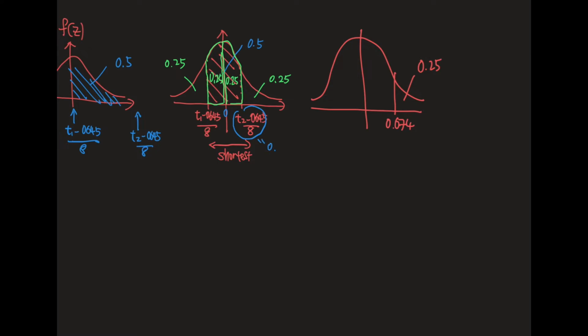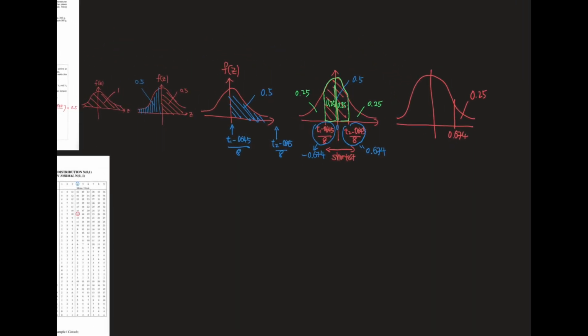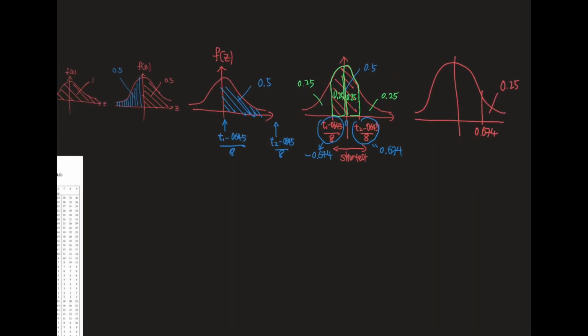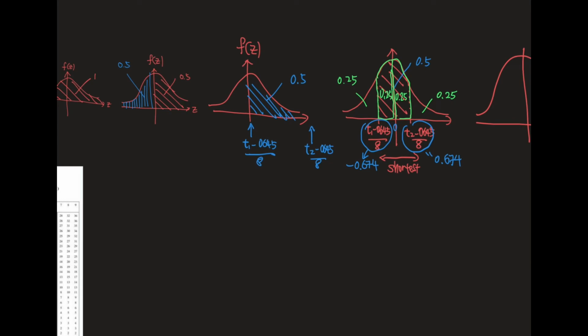Now let's come back to our question. So we know that this is going to be 0.674 and this is going to be negative 0.674. Okay, so now we continue. T1 minus 0.645 over 8 equals negative 0.674.